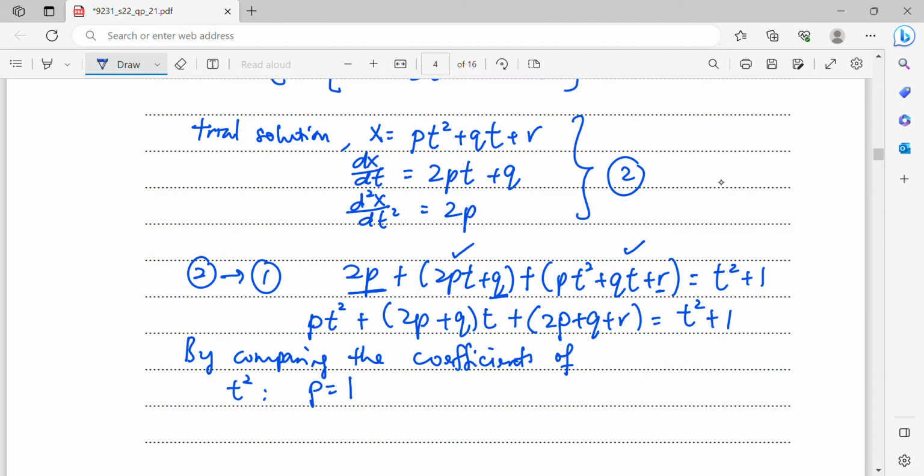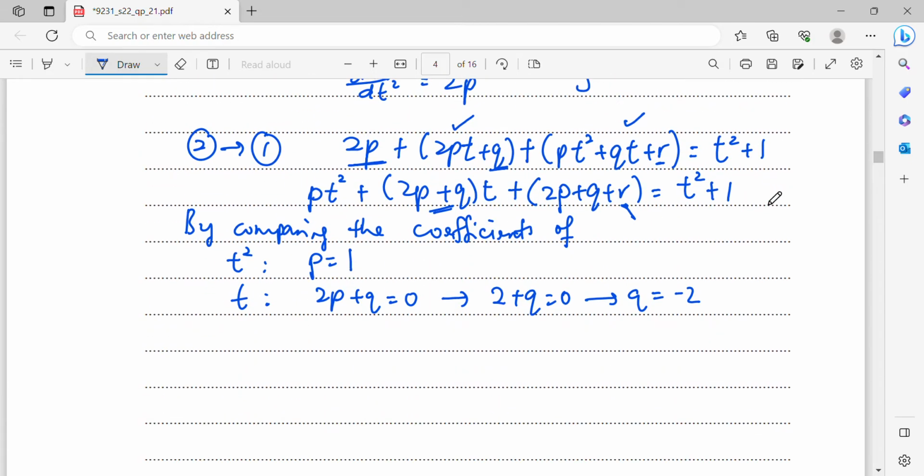Then you compare the coefficient of t first in order to get the q, because if you refer to the constant, you still have the q and the r, two unknowns. So now I compare with t: 2p plus q. Right hand side there's no t, that means it's 0. From here, I replace my p value: 2 plus q equals 0. Hence, my q is minus 2.